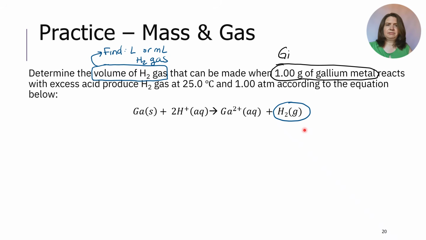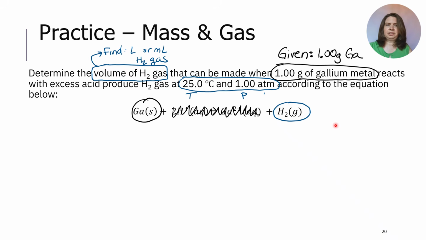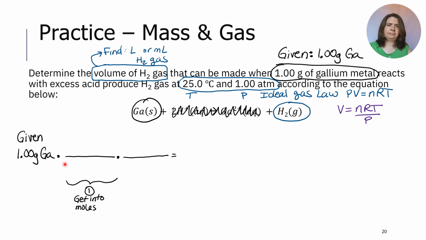We must first rearrange the ideal gas law to solve for volume. V is equal to nRT over P. To use this equation, we first need to find moles of hydrogen gas. We have to start with 1 gram of gallium to do that.